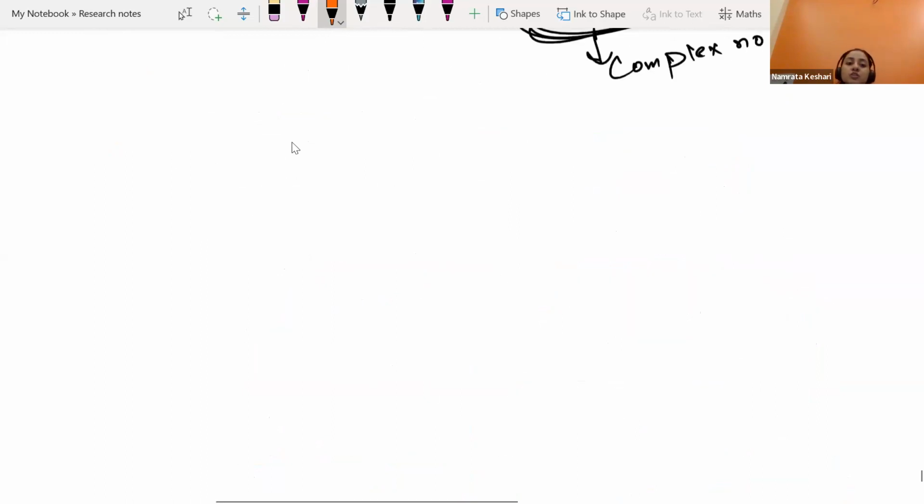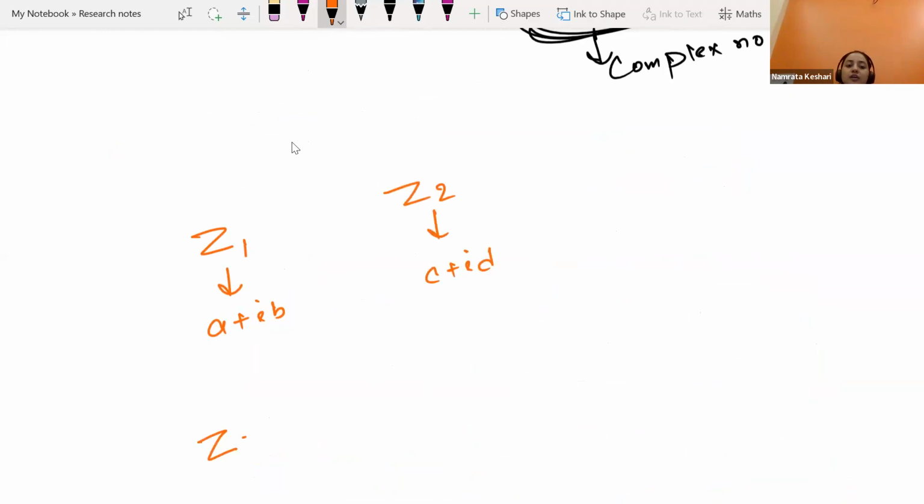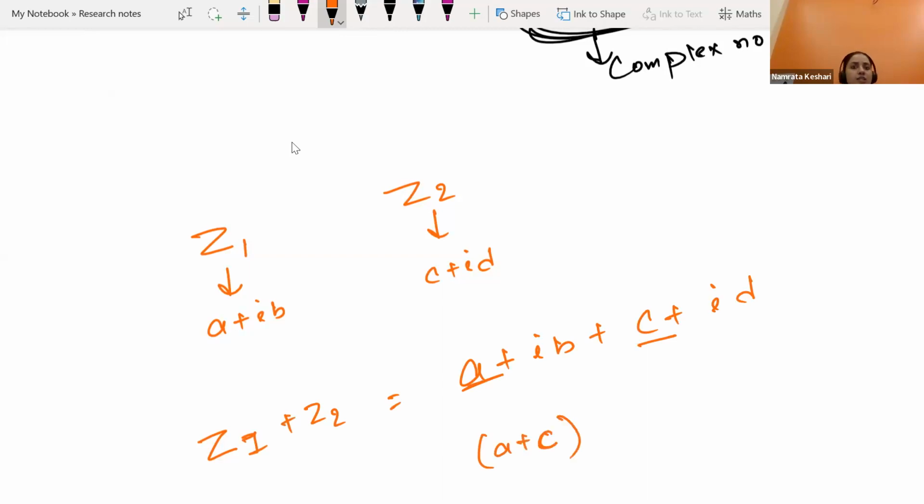Suppose z1 is a plus ib and z2 is c plus id. When we add z1 plus z2, it is still a complex number. Let me show you how. We write the real parts a and c together.